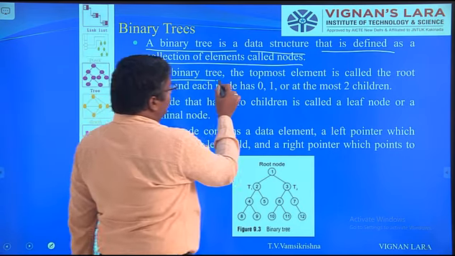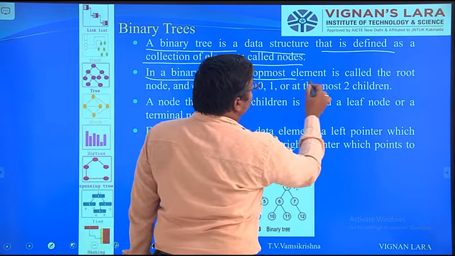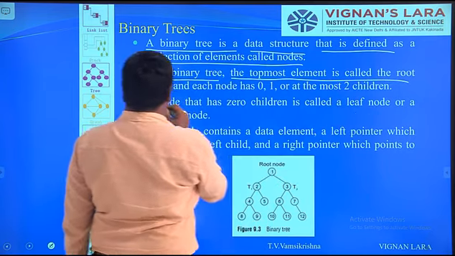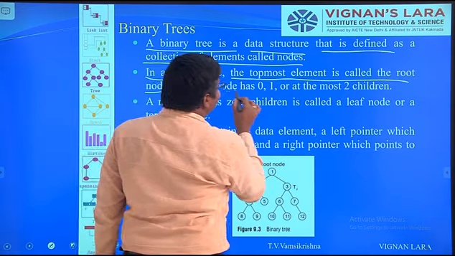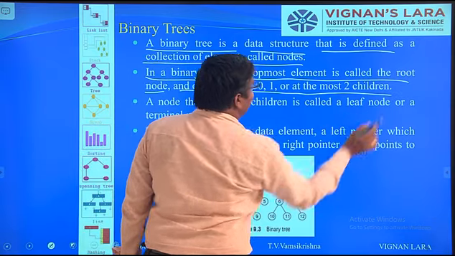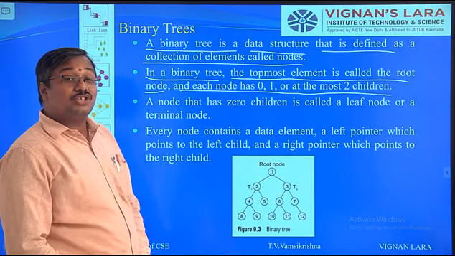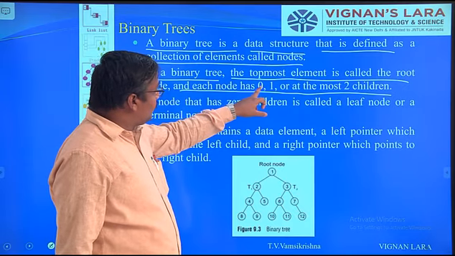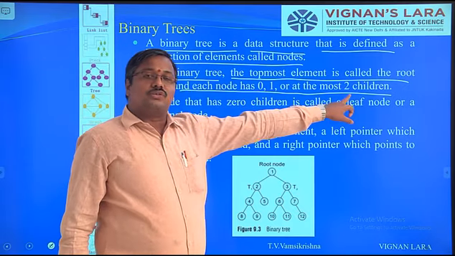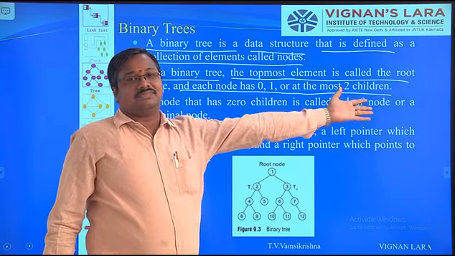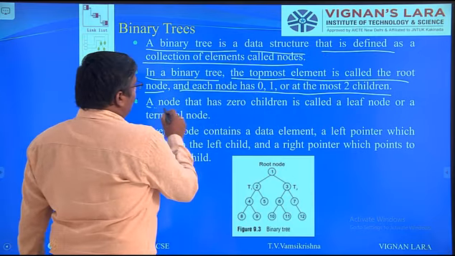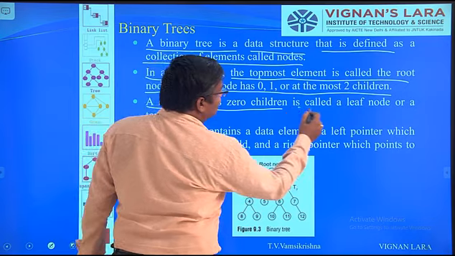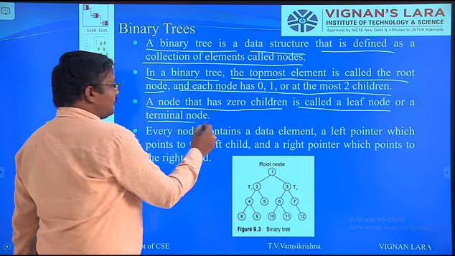In a binary tree, the topmost element is called the root node, the first level of nodes, and each and every node has at most 2 children, meaning either 0 or 1 or 2, not more than 2. That's why it is the binary condition. A node that has 0 children is called a leaf node or terminal node.